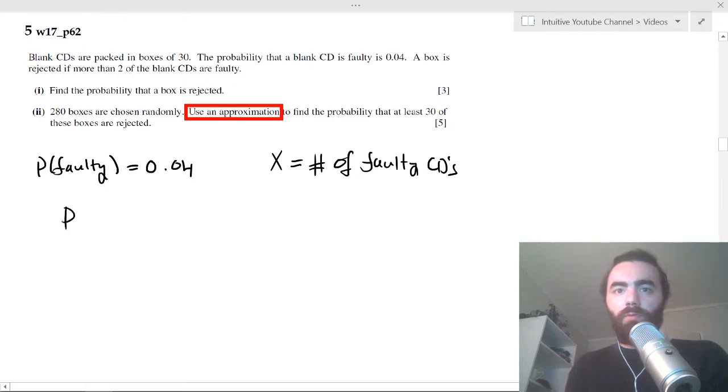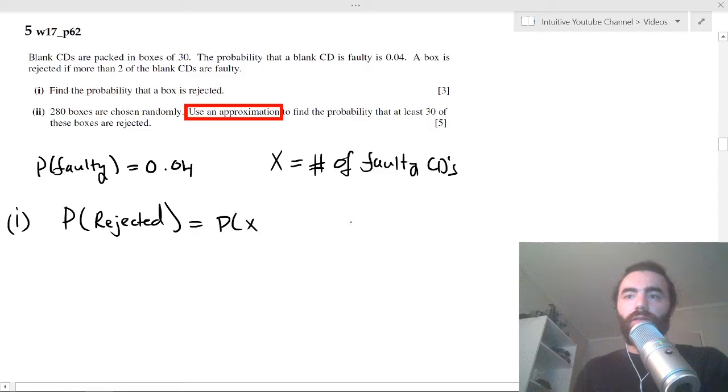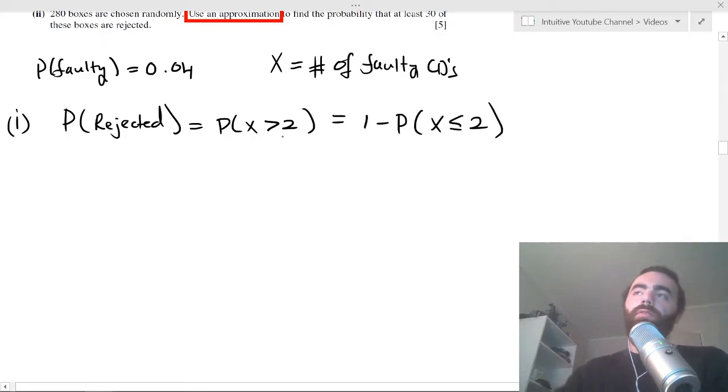The probability that a box is rejected is equal to the probability that x is more than 2. And that's the same as 1 minus the probability that x is less than or equal to 2, because we don't want to find 3, 4, 5, 6 all the way up to 30.